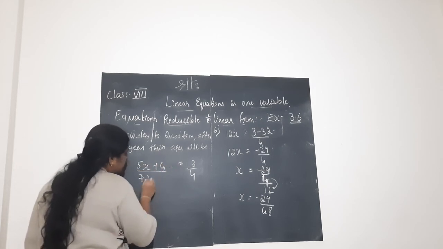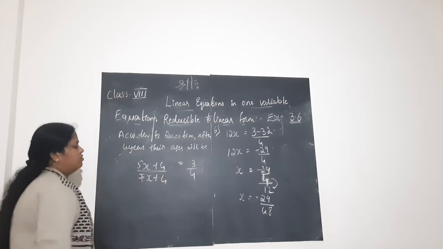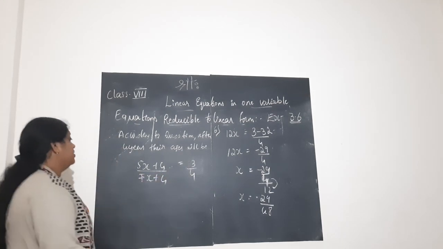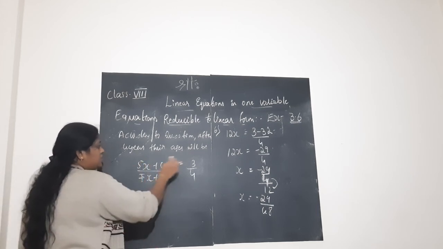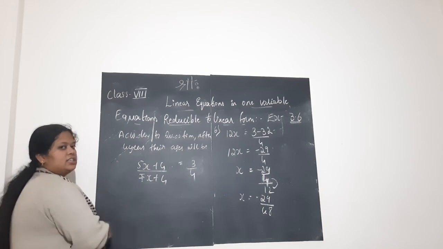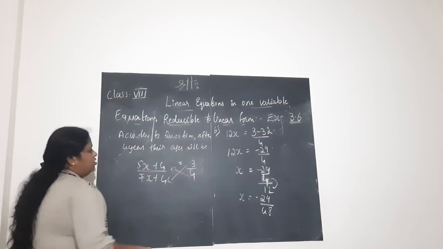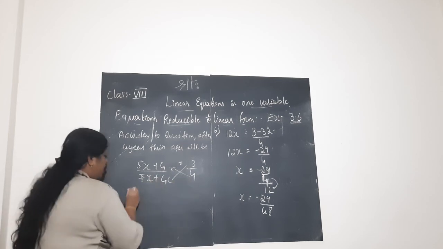Hari's age to Harry's age will be 5x plus 4 divided by 7x plus 4 is 3 by 4. That is the mistake I did. These ages are given in the ratio, so whatever you are writing for their ages after 4 years also should be in terms of ratio. After this children we know the regular cross multiplication.